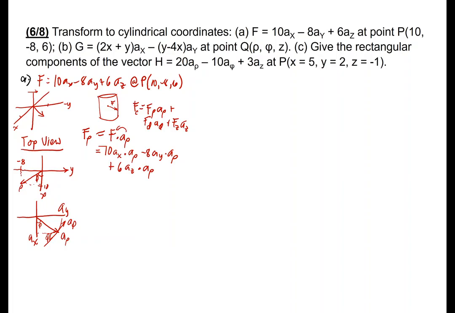So ax dot a rho is cosine of phi, because the component a rho, if you mirror it to ax, becomes cosine phi. Or you can say cosine phi is equal to the adjacent, which is ax.